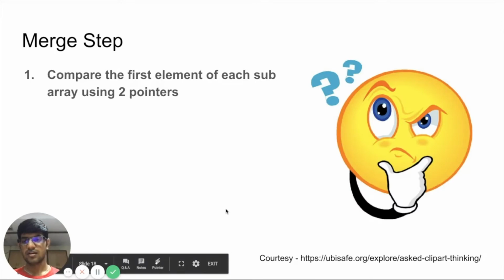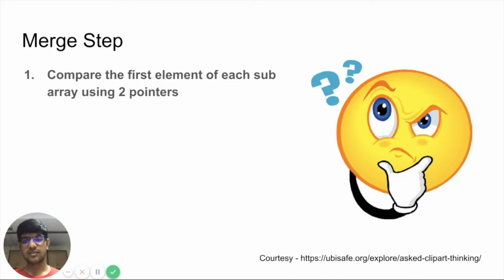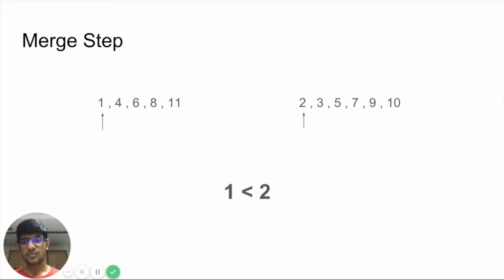Let us see as to how will we go from these two sorted smaller arrays to a large sorted array. The first step involves comparison of the first elements of each of those two subarrays using two pointers. Let us look at this in greater detail. What we actually mean by this step is we need to maintain two pointers pointing to the start of the two subarrays initially.